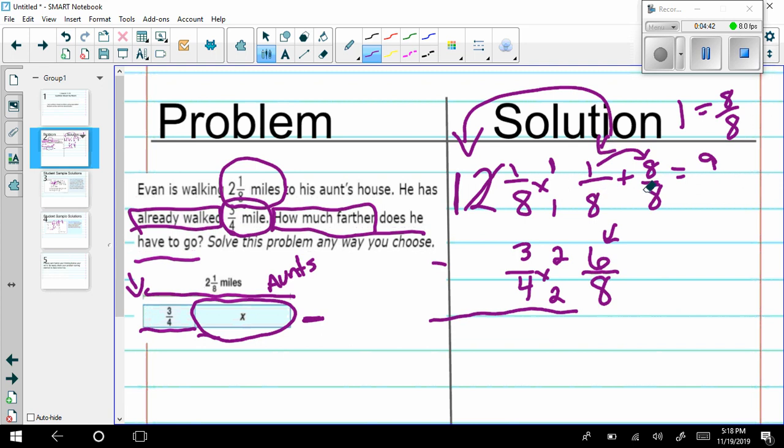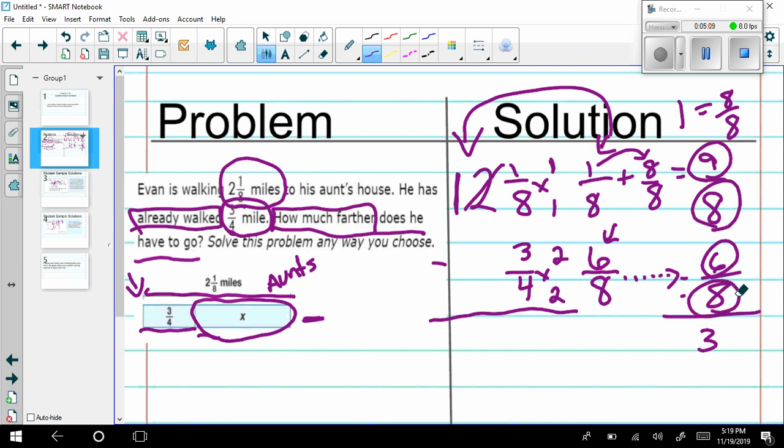And remember, when I add fractions, I leave the denominator the same. So now I have 9/8. So now I can subtract my fractions. 9 minus 6 is 3. And again, since I'm adding and subtracting fractions, I leave my denominators the same.